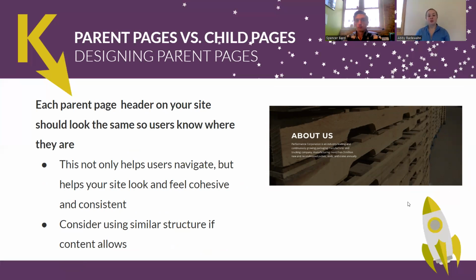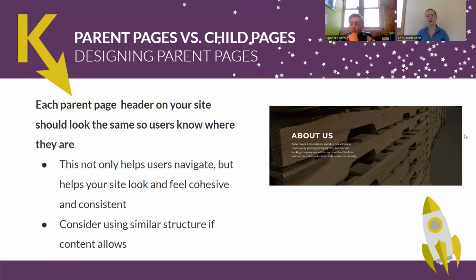Each parent page header on your site should look the same, so that while users are navigating around your site, they know whether they're on a parent page or a child page. Obviously, they wouldn't think about that terminology, but it's easier for them to find out where they are if all those pages look uniform. It doesn't only help navigation, it also helps your site look and feel cohesive and consistent, which is one of the biggest parts of website design, and really all design.